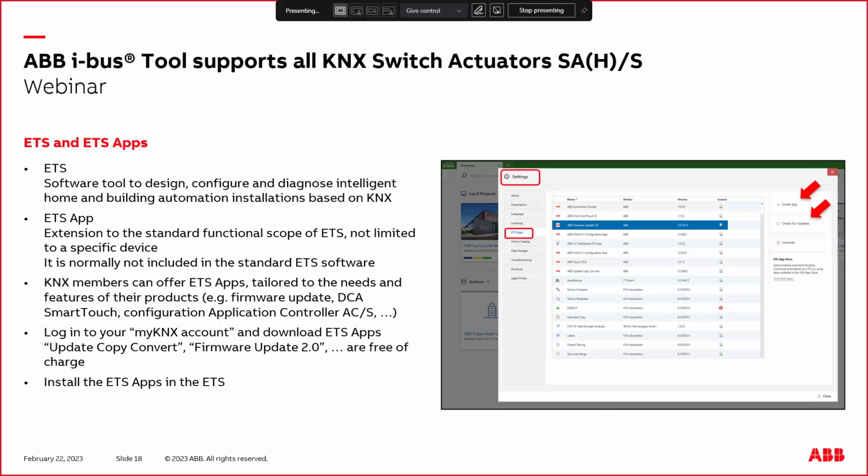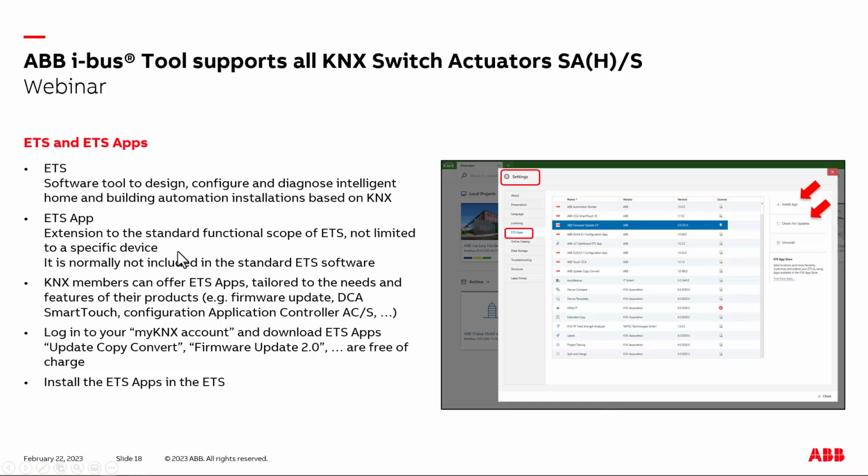Then we need a so-called app, because in some regions the ETS is limited, and then with the ETS app we can extend the functionality of the ETS. So the manufacturers offer some ETS apps, maybe for more functionality, like here in our Smart Touch or in our application controller for the configuration and so on.